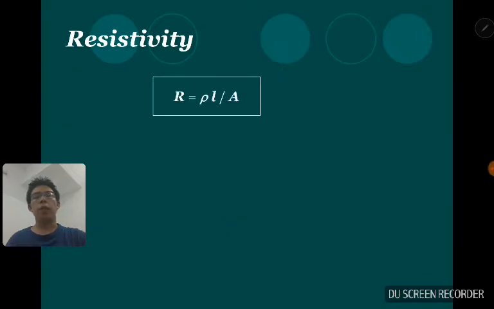So for resistivity, R equals rho L over A. You can see the rho here. This is actually the resistivity. Okay, so we have the proportion just now, R directly proportional to L, inversely proportional to A, and to make it into an equation, we add in the rho. So the rho basically is the resistivity.